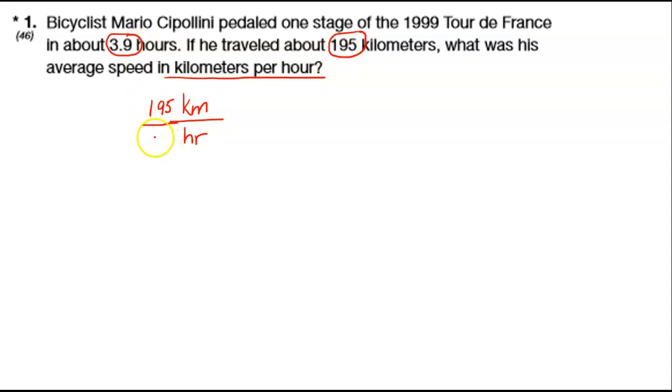How many hours? 3.9. So I'm going to divide 195 by 3.9, and I get 50 kilometers per hour as my answer.